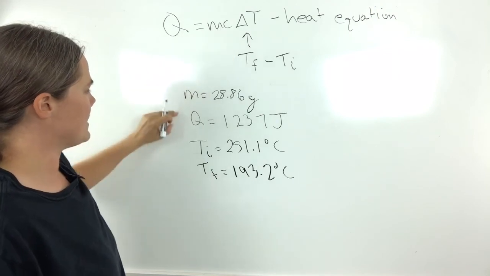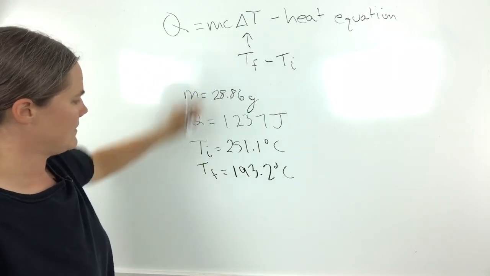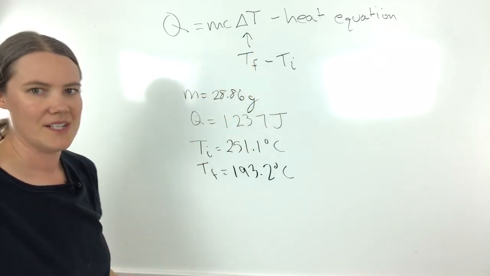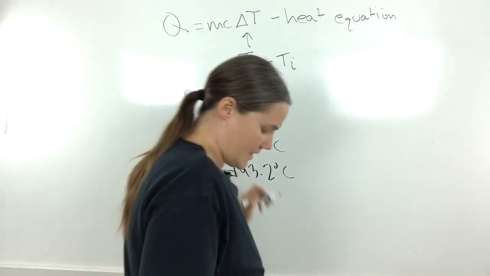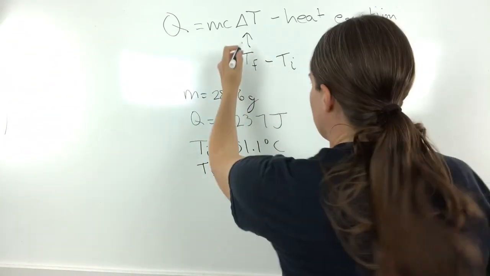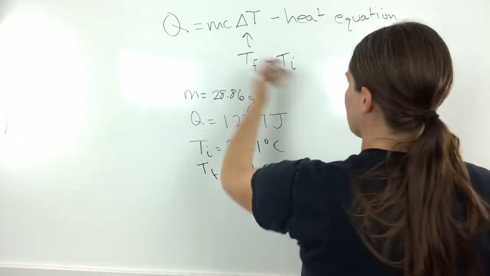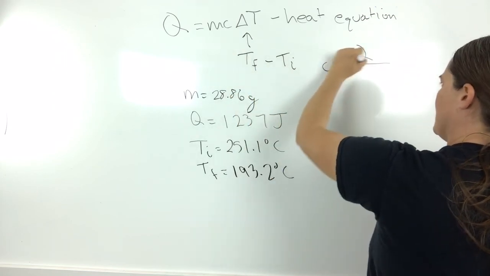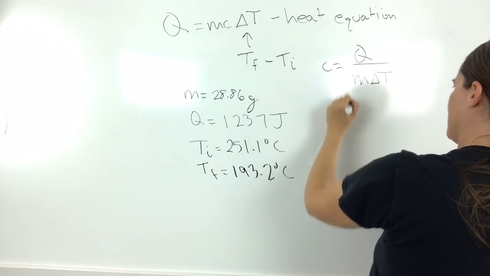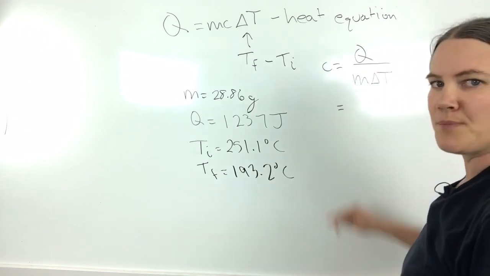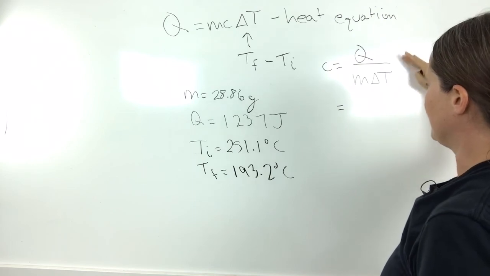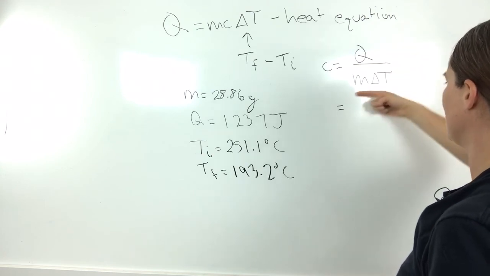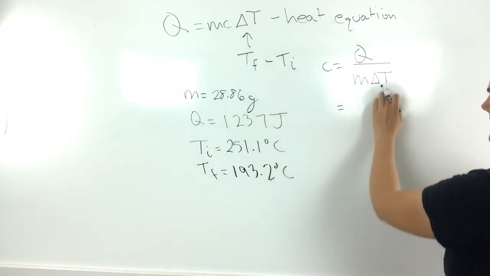We know Q, we know the mass, and we know T final minus T initial, so we know everything we need to figure out delta T. So we can just solve the heat equation for C. C is equal to Q over the mass multiplied by delta T. At this point, all we need to do is plug in the values we were given, because we know Q, we know mass, and we know TF minus TI, which is delta T.